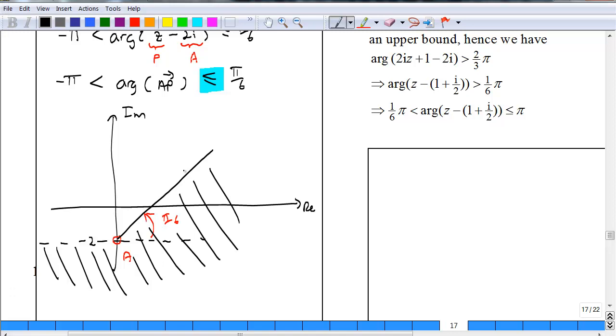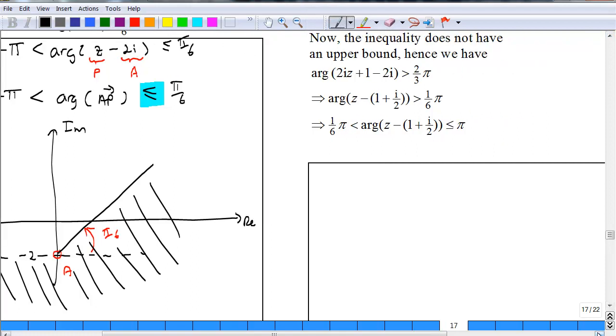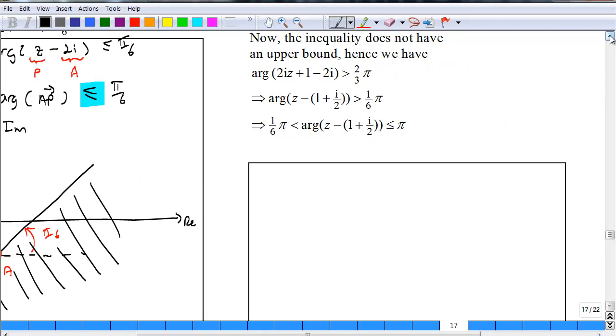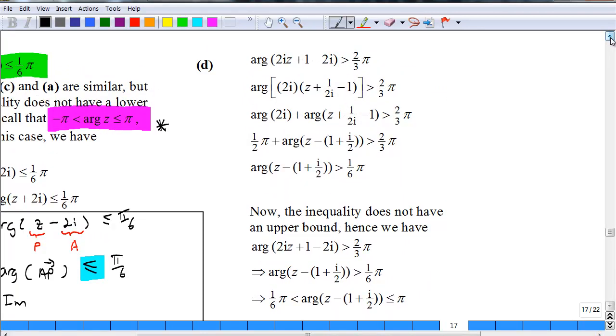Now in part D, it is a little bit more challenging, just a little bit. So again, in this question, it's not given in the standard form. You realize that the coefficient of z is 2i. So we try to get the 2i out.